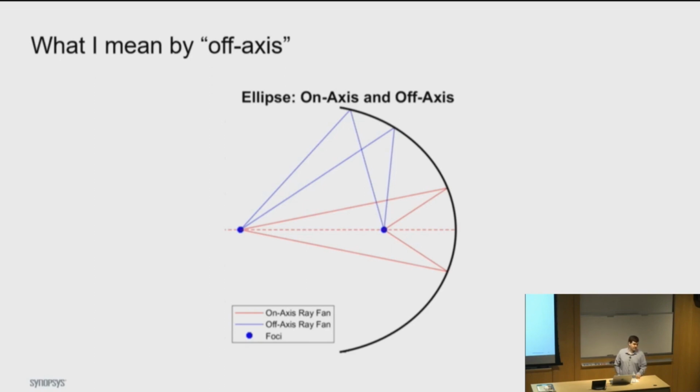This red ray fan is centered about the axis, so that would be the on-axis section of this ellipse. The blue ray fan, on the other hand, traces out a section that is away from that axis of revolution, and so that's what I mean when I talk about off-axis sections of ellipses, or conics in general. So that's off-axis, and these off-axis conics have been useful as starting points in freeform.